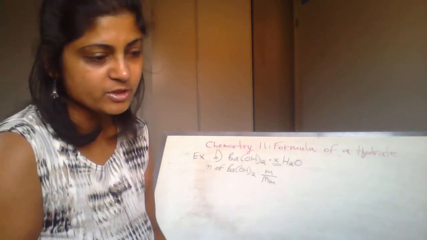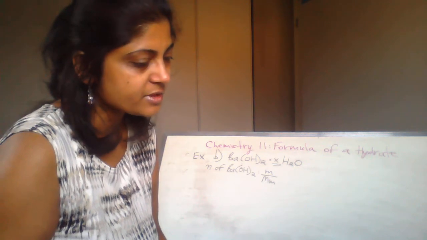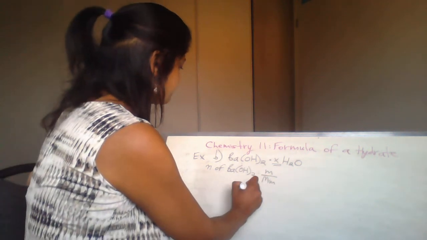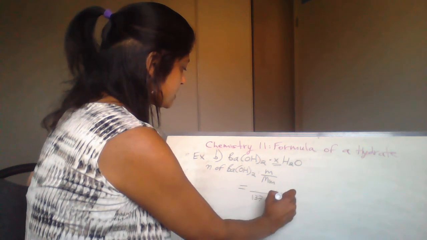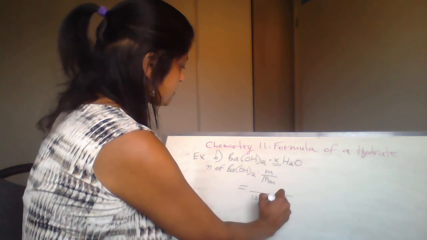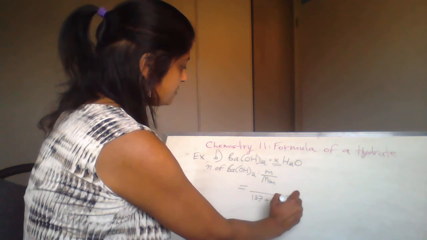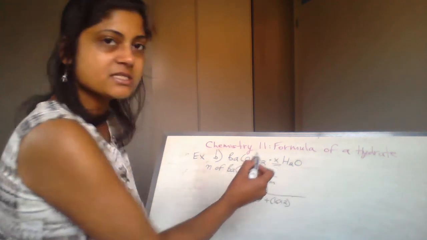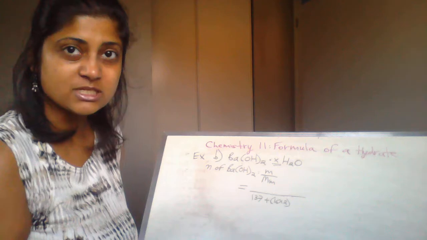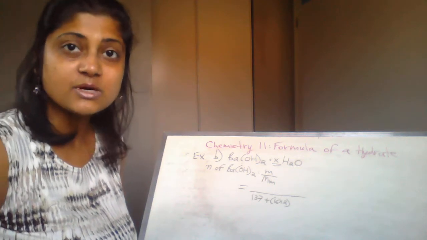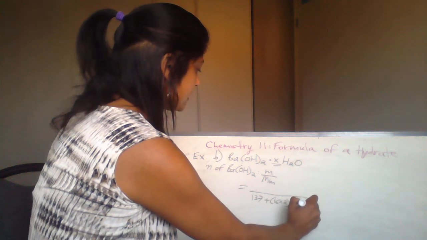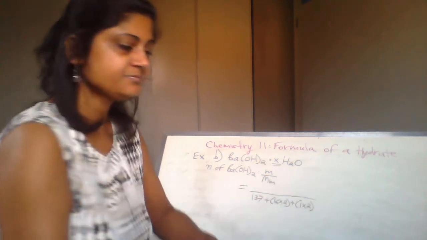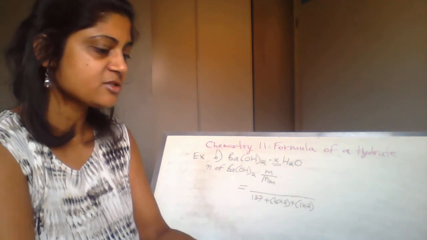Okay, so if I'm looking in the periodic table here, barium is 137. So I'm going to write it on the bottom here, so 137. Oxygen is 16 times 2.